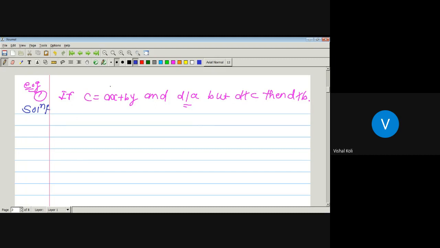As we have been given that d divides a, then by the definition of divisibility, a is equal to d into q.